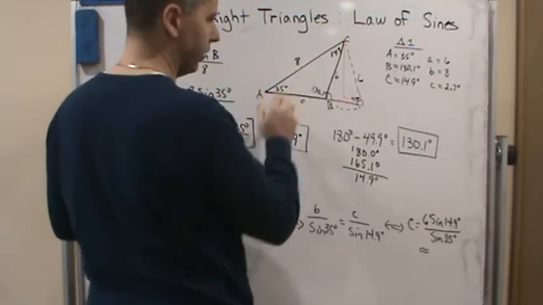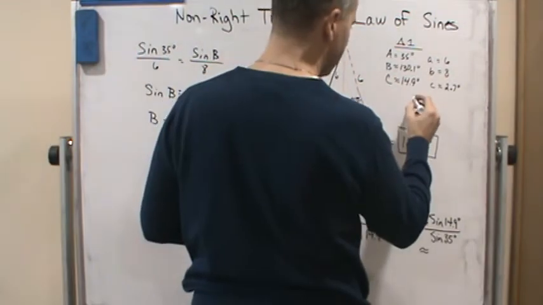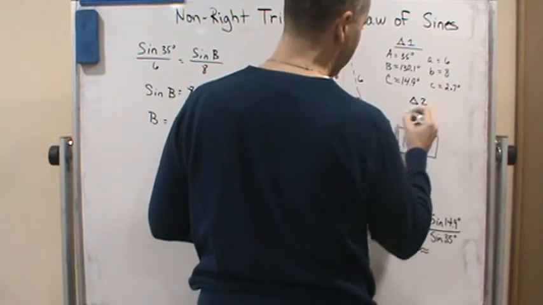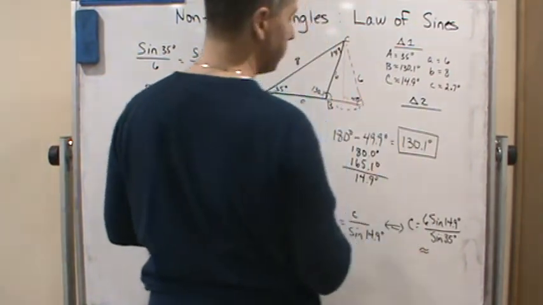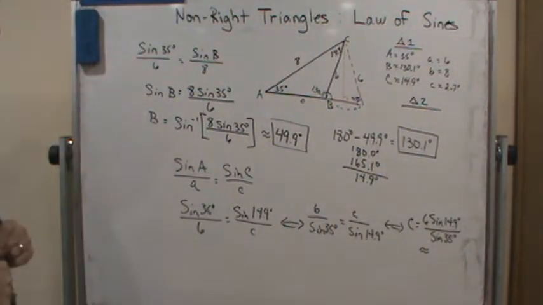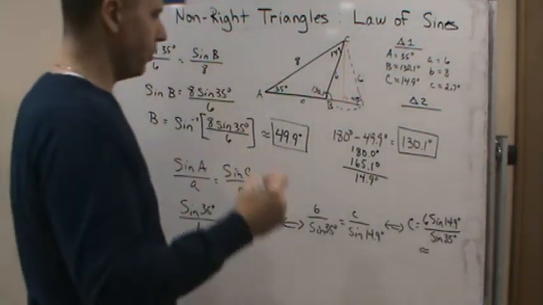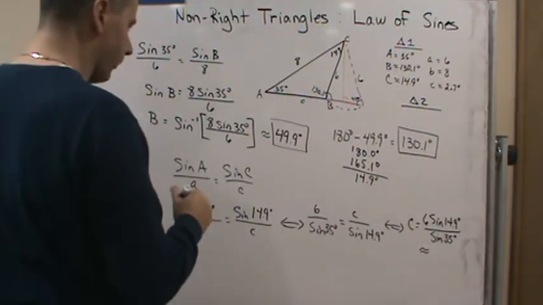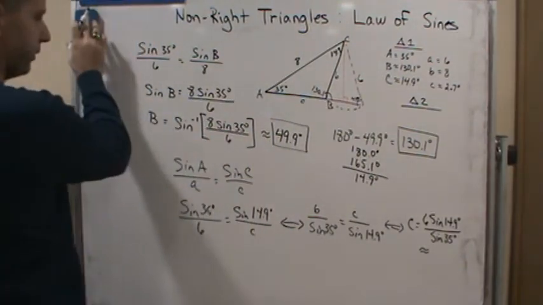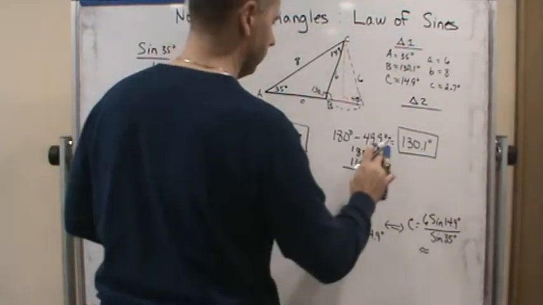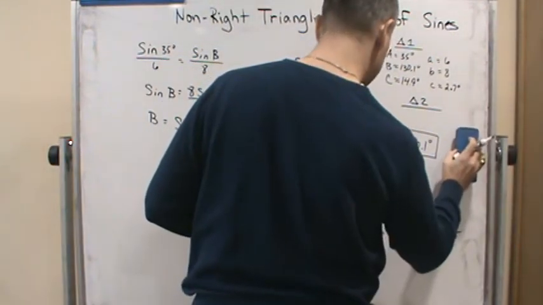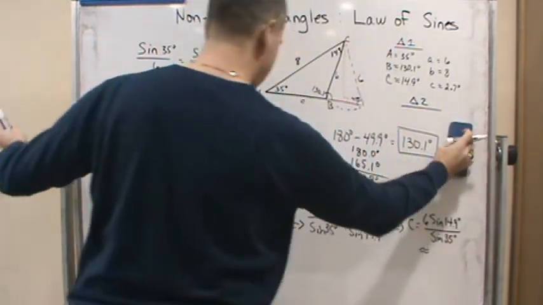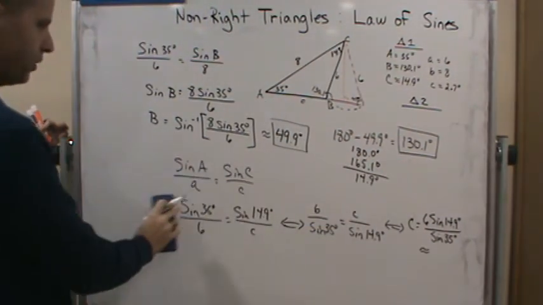Okay, so that's the first triangle, right? So that's this triangle. Now let's go on to triangle 2, which we have most of already solved. We've got the 49, so we've got A. So again, make sure you take notes.